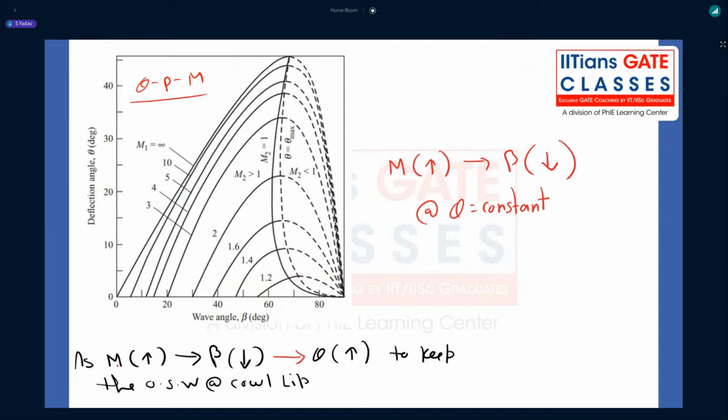So if your inlet Mach number is increasing, if you look at this graph, and you are holding theta constant at a given value, then as Mach number increases, beta actually reduces. Now if beta is reducing and you want to maintain the shock wave projecting at the cowl lip, you have to somehow increase beta. How can we increase beta? We are supposed to increase theta.